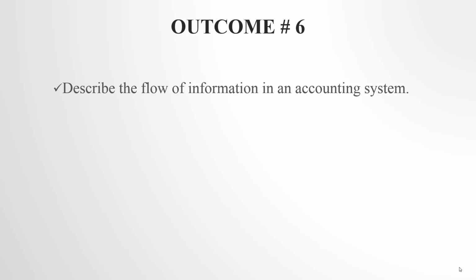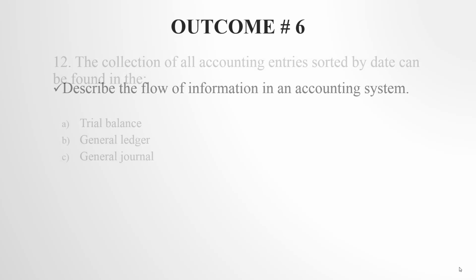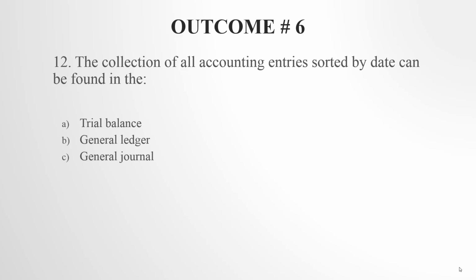Let's move on to the next outcome, which talks about the flow of information in an accounting system. The collection of all accounting entries sorted by date can be found in. Now, the trial balance provides the ending account balance for all accounts. It does not sort these entries by date.